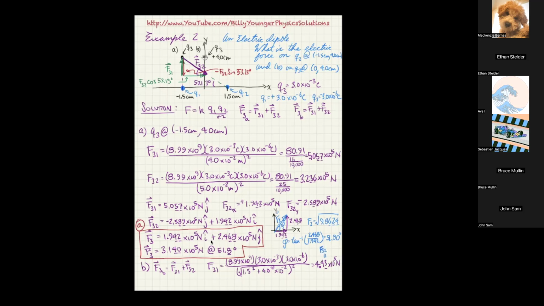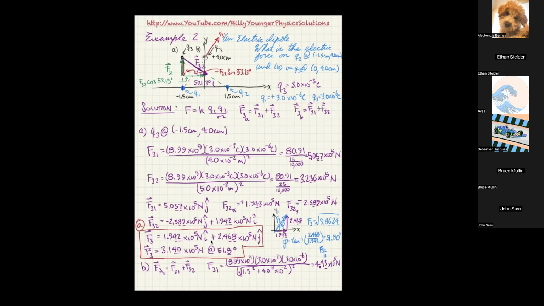Now, in this case, the force F31, since the Q3 is positive and the Q1 is positive, it's going to be repulsive. So I'll write up here, that's F31 because it's repulsive.